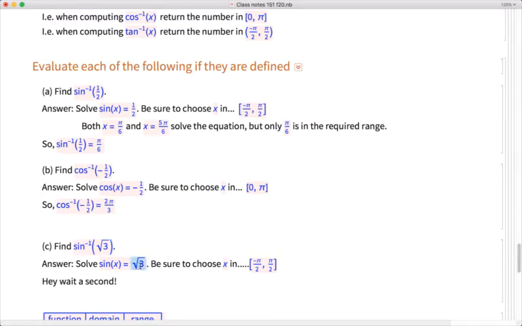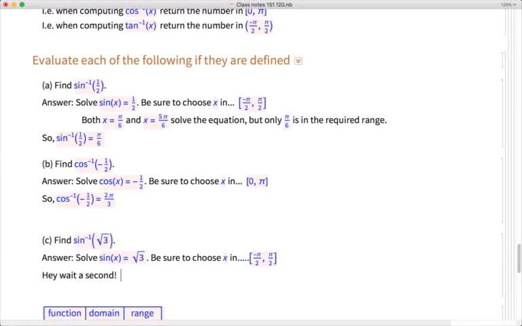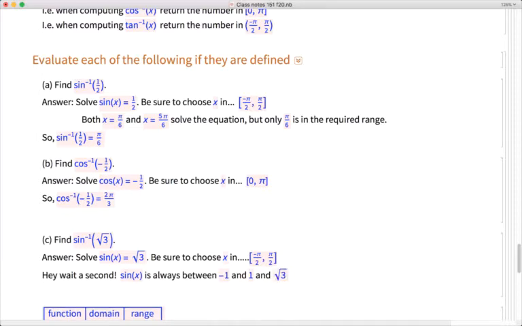Sine is always a number between -1 and 1. And square root 3, I don't know what it is as a decimal, but it's bigger than 1, that's for sure. So there is no solution. So this is not defined.